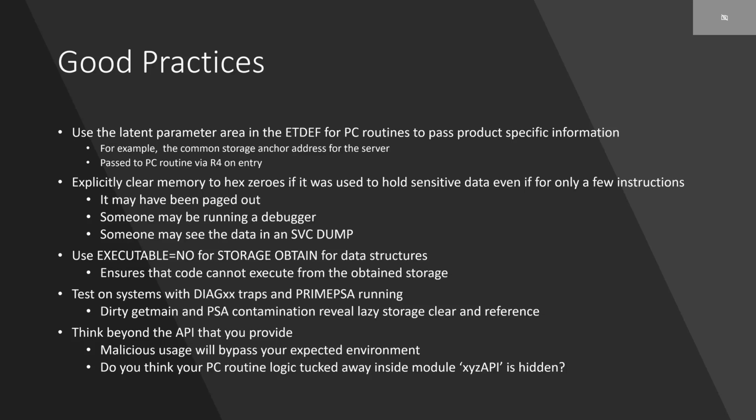There's also another service called PRIME PSA that can dynamically update low storage, to patch lazy references and page zero references in your code, that are getting away with it at the moment because it just so happens to be zero inside that byte in the PSA. PRIME PSA can change that on the fly, every few seconds or so, and it'll catch it. That's a really good thing to do.